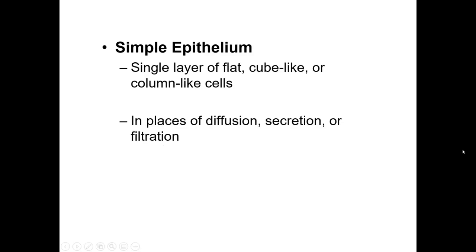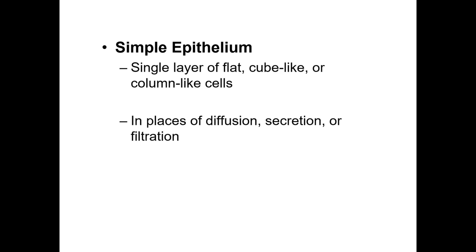So, first we have simple epithelium. Simple epithelium has only 1 layer of cells, although this is somewhat debatable in pseudostratified, which we will talk about. There are basically 3 types of simple epithelial, and they are named for the shape of the cells.